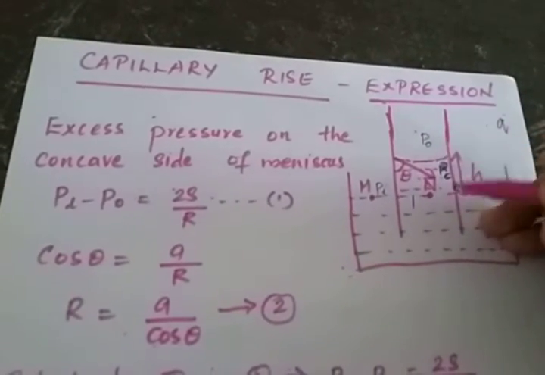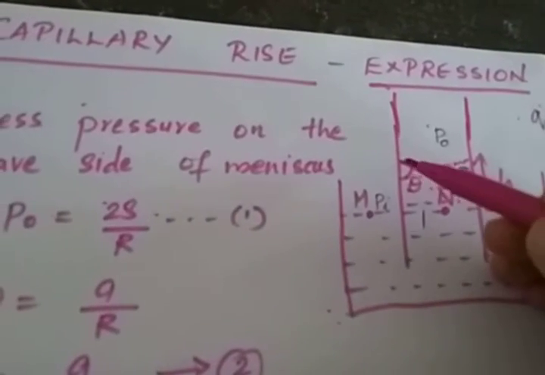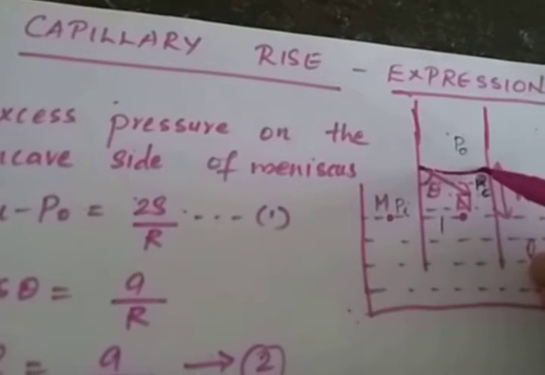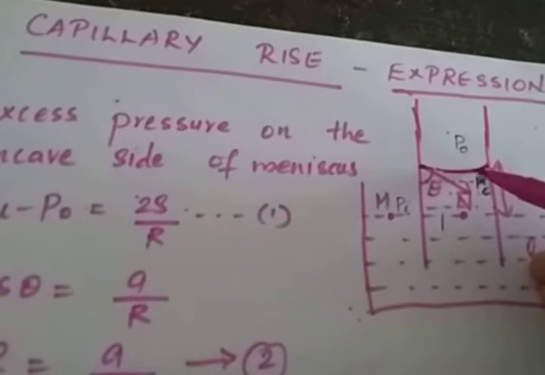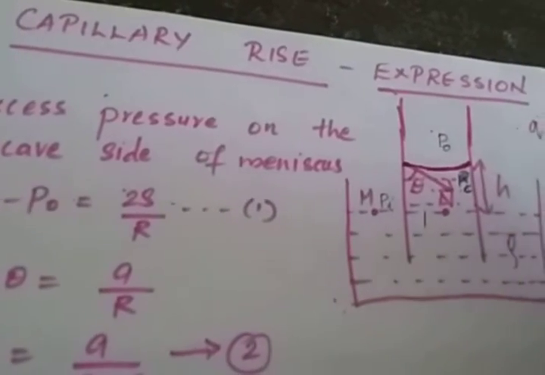So when a capillary tube is dipped in this liquid, the liquid rises up through the tube, and here this is the liquid level now. So this meniscus is known as the concave meniscus. It is curved inwards.